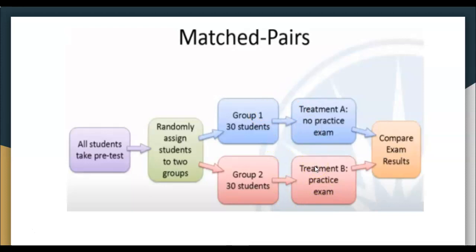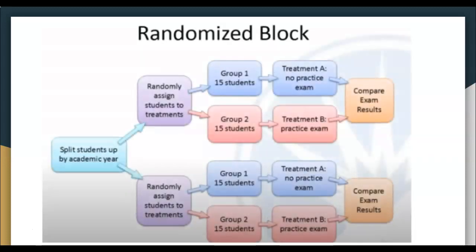And then the last one is the randomized block. It's basically very similar to, or just think about, stratified sampling. It's where you have some characteristic you think might affect the result, and you split the individuals up based on that characteristic. So, for example, you might think that a practice exam is more beneficial for new students than for second year students.